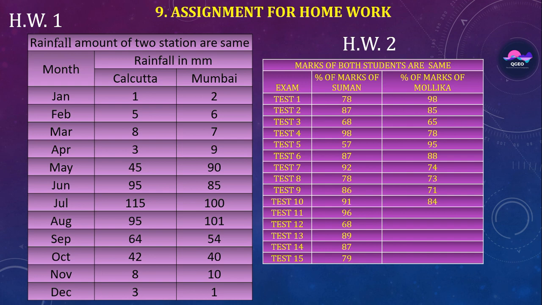Here the exam tests 1 to 15, percentage of marks of Shumon, and here the different percentage of marks of Mollika. She appeared in only 10 exams and Shumon appeared in 15 exams, and our hypothesis is the marks of both students are the same.